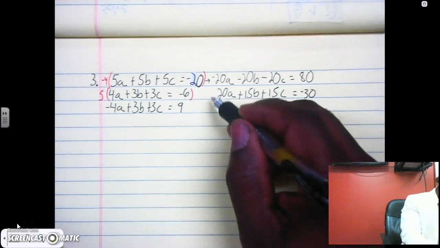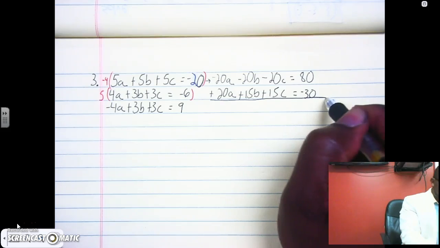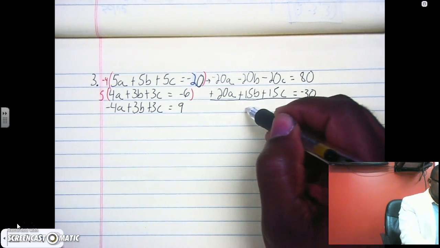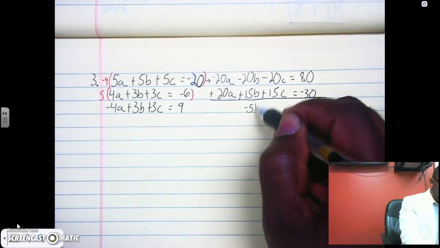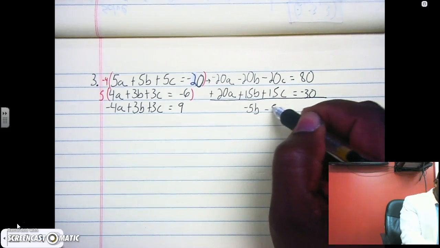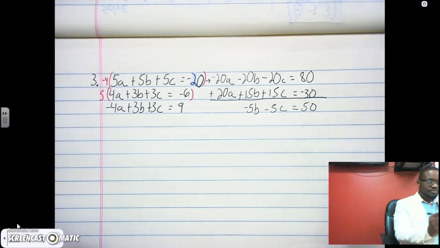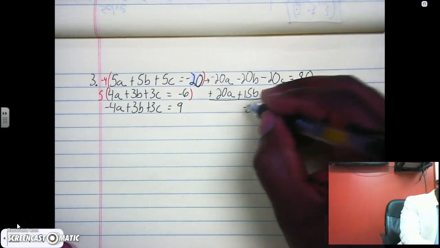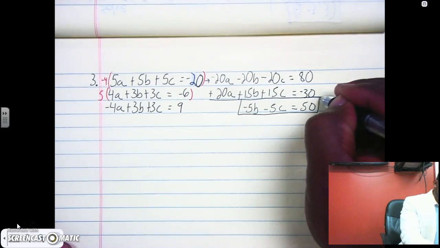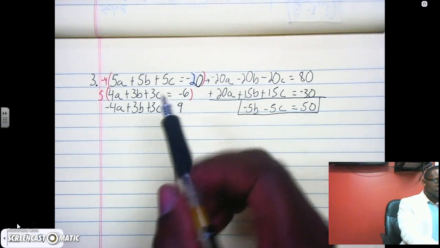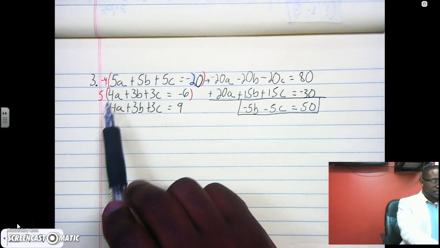And so those cancel out and I'm going to get negative 5b minus 5c equals 50. So that turns out to be my first equation. Now I'm going to eliminate a in these two equations.